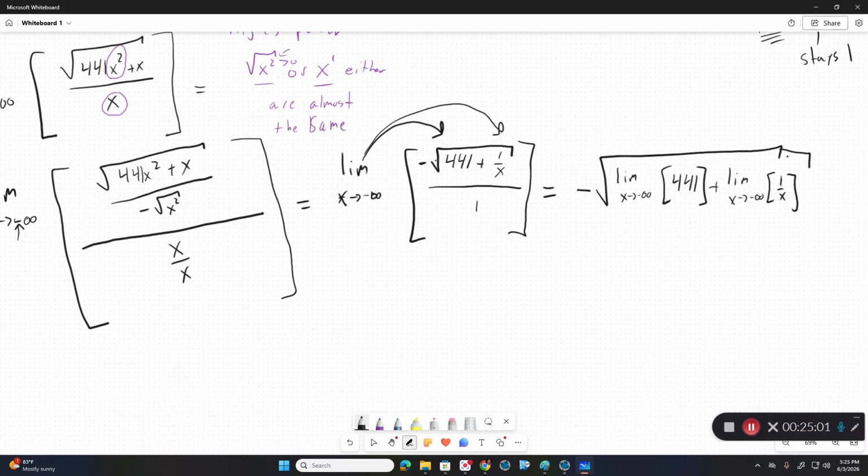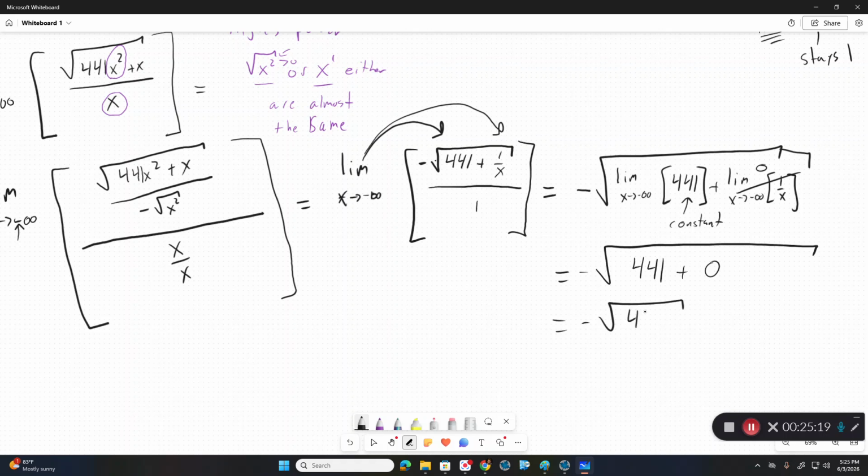And hopefully this is something that we both know. This is a constant, and it's unaffected by the limit, so it's going to stay. And this one is a power, so it goes to 0. So our answer, what is the negative square root of 441?